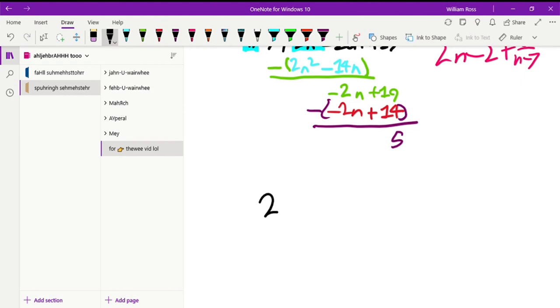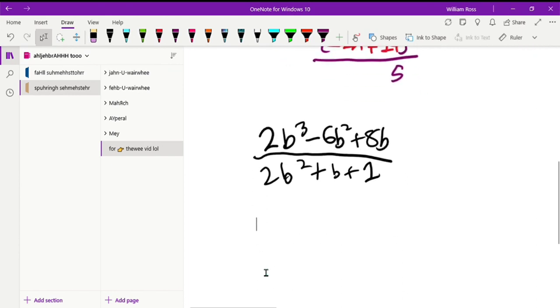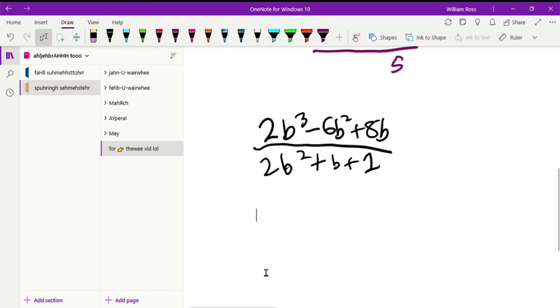Alright, let's try 2b to the third minus 6b to the second plus 8b over 2b squared plus b plus 1. Alright, so let's set up the equation.